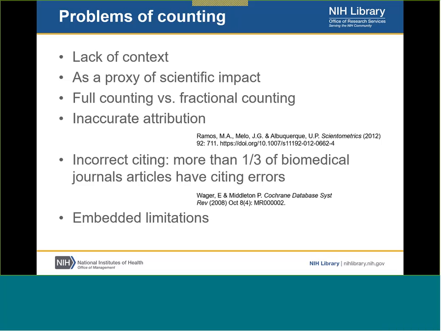Another limitation is that it is only a proxy of scientific impact. It is just an estimate. It is one of the ways. It is not everything. Another problem is full counting versus fractional counting. If we're only counting the number of references or citations or articles, it is fine.